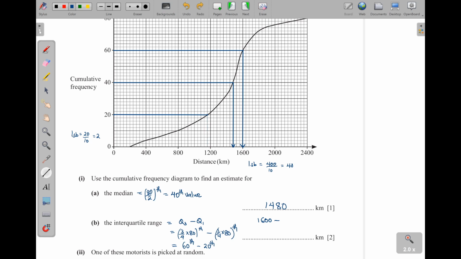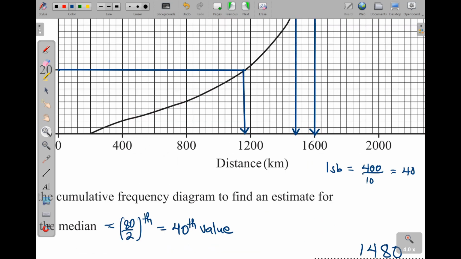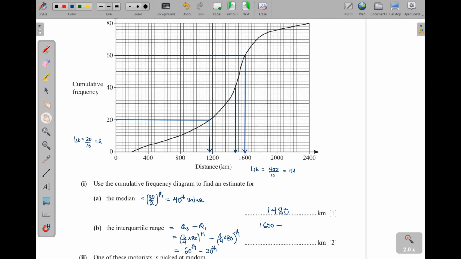When we read off down here, what are we getting? It is one small box before the 1200. So I can just say 1200 minus the 40. That one will give me 1160.